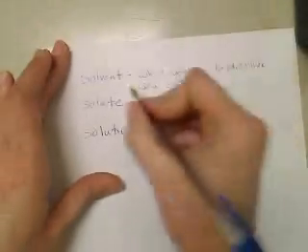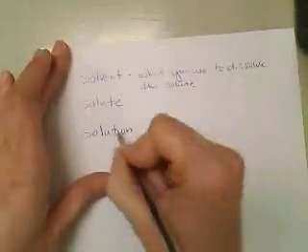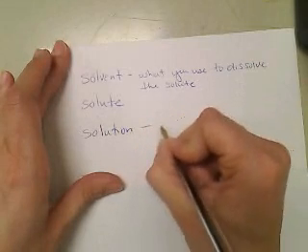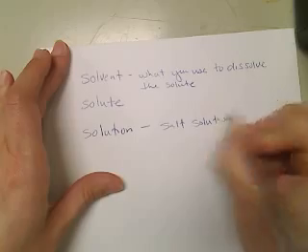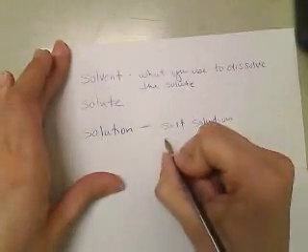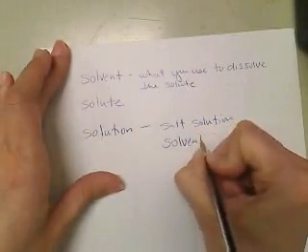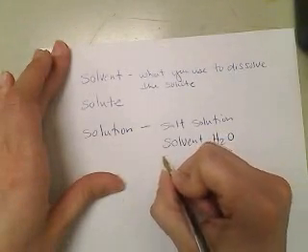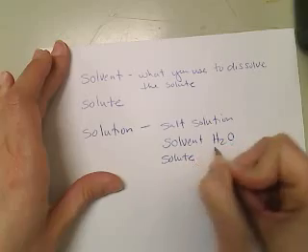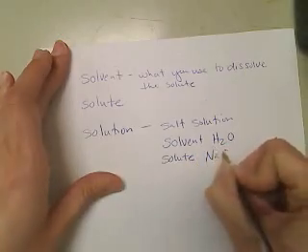Okay. So in this case, if we're trying to make a solution of, let's say, a salt solution, your solvent is water, okay, and your solute is NaCl.